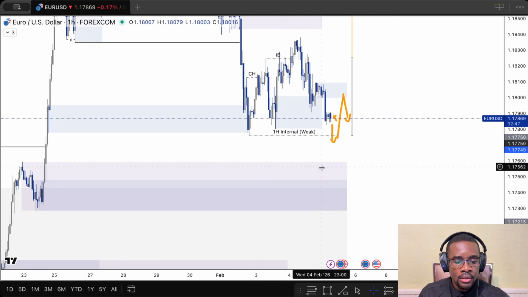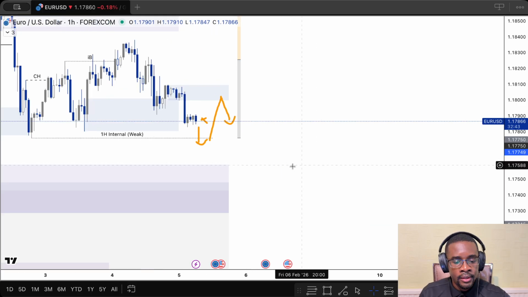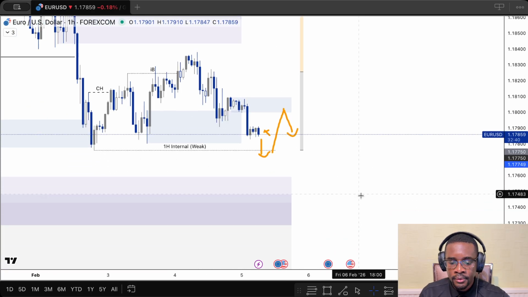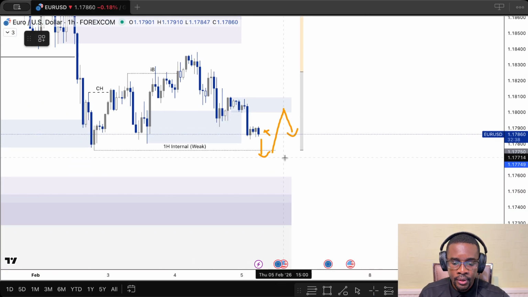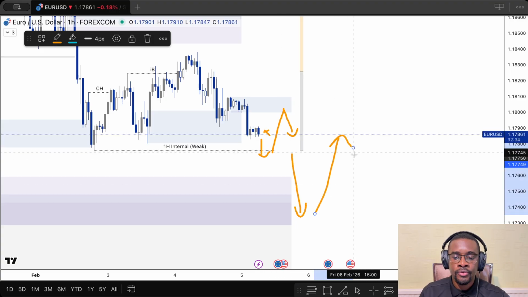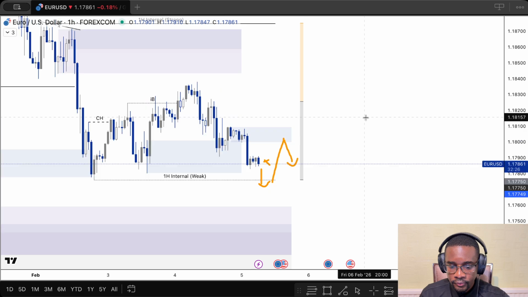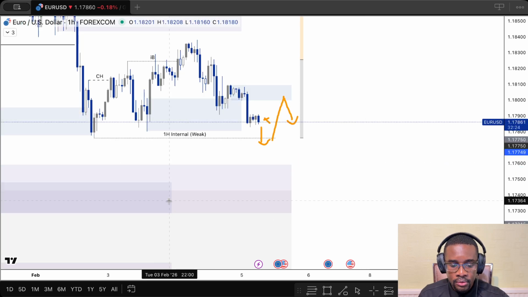So that is an area where we can then expect to see price come down to, to react before maybe turning and then resuming the bullish uptrend.